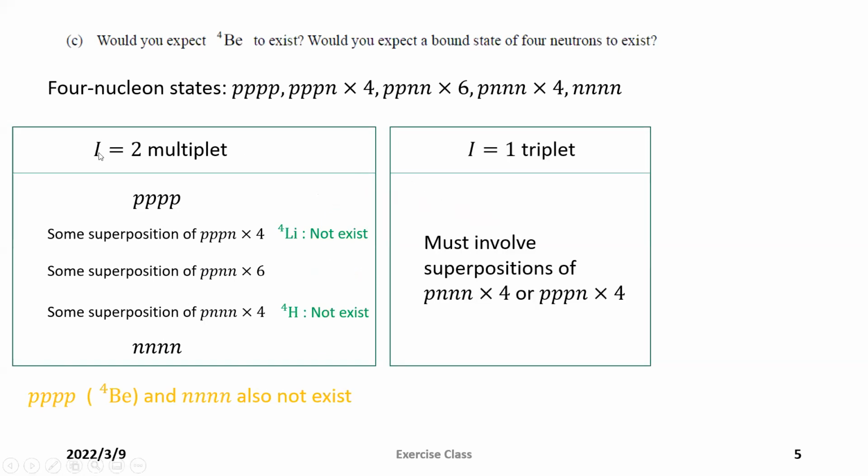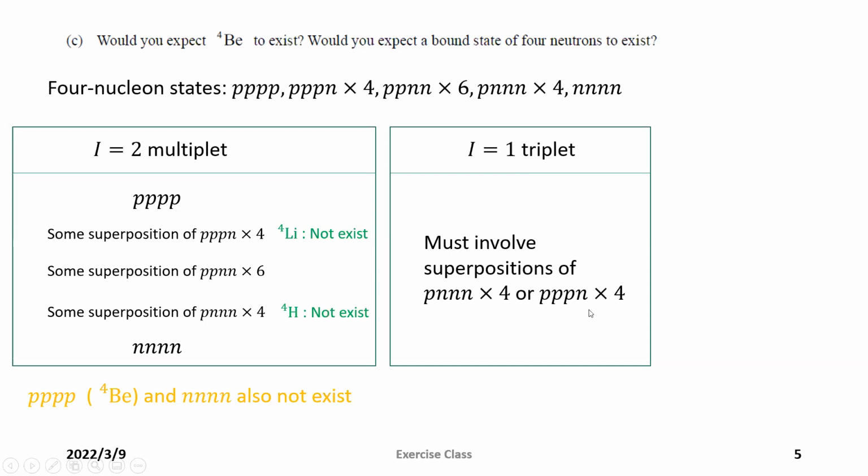But apart from I equals 2, we can also have an I equals 1 triplet. But the argument is the same because it must involve the states which are some superposition of this or this. But we know that they do not exist.